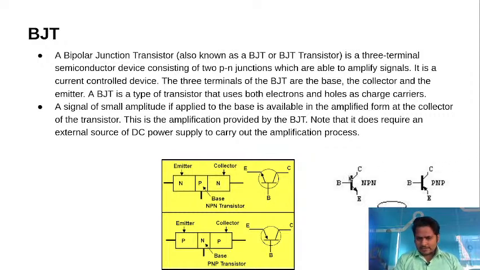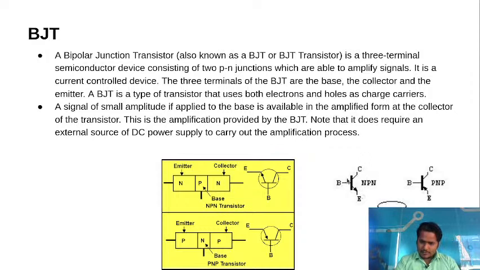Then you can see the symbols. On the left-hand side, this is NPN. The symbols of NPN and PNP transistors are the same, but there is one difference: the arrow. The left one is NPN, where the arrow points outward, showing the current direction.